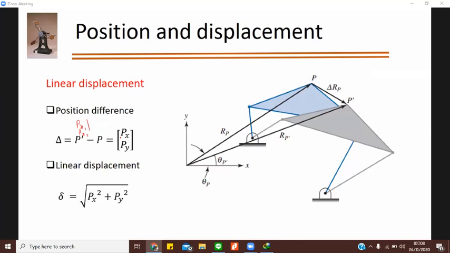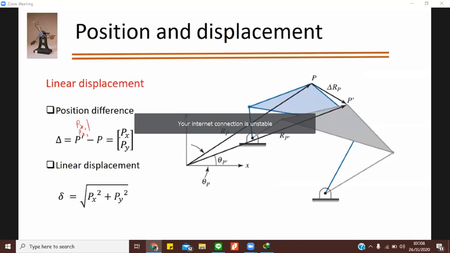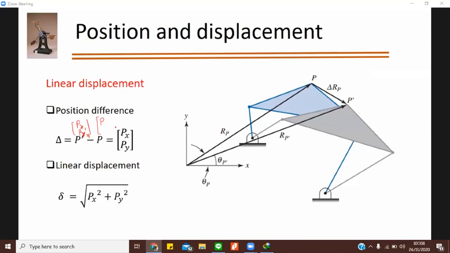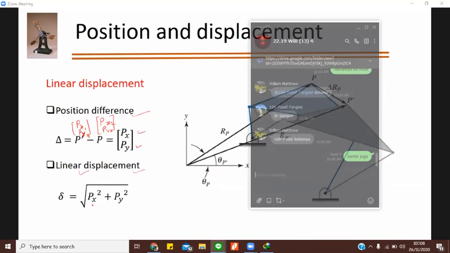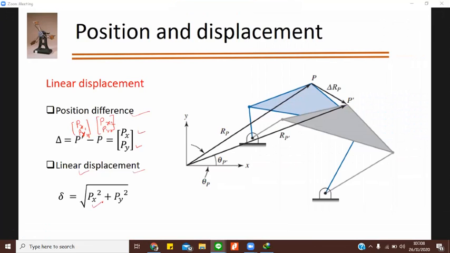That position is determined by the difference in x and y coordinates. Similarly, you can find out the linear displacement, so how much displacement has actually happened. That was the difference. Now you can determine the linear displacement with simple trigonometric functions: px squared plus py squared, you just have to square them up and you will get the displacement, right?